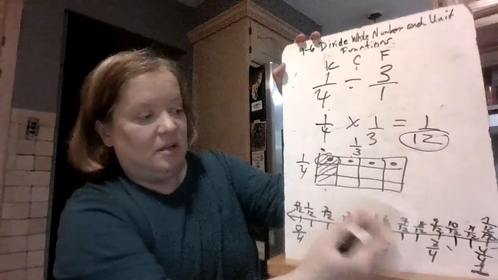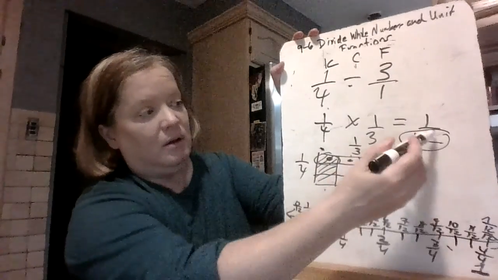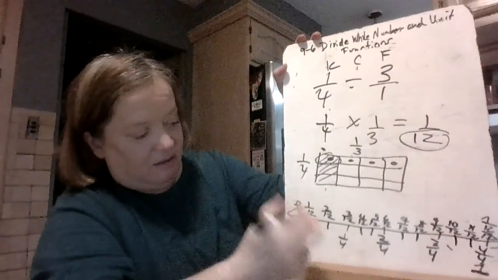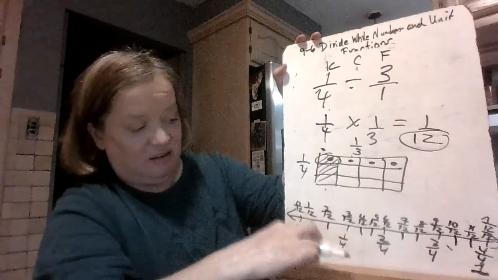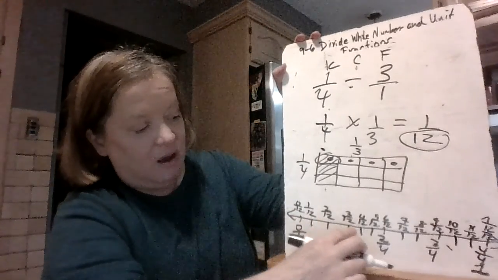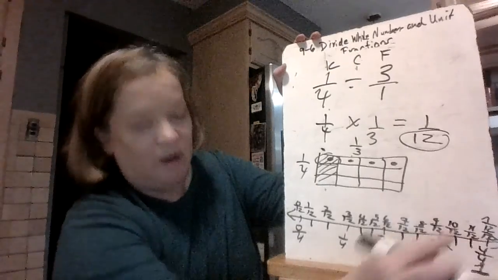So this number line is matching my area model and my algorithm because I should have 12 pieces altogether. Now, by cutting the fourths into thirds, I've made 12 pieces altogether.